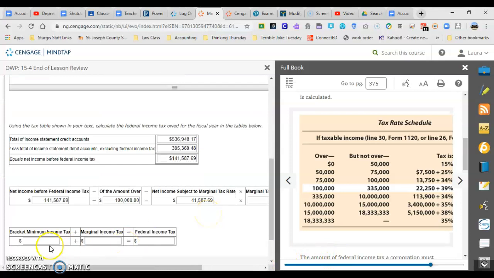Okay, and then the bracket income tax here is also 22,250.